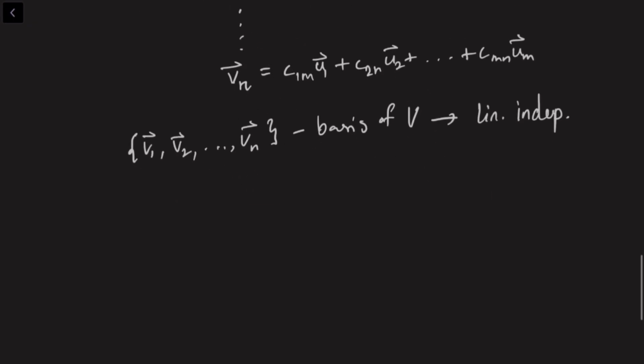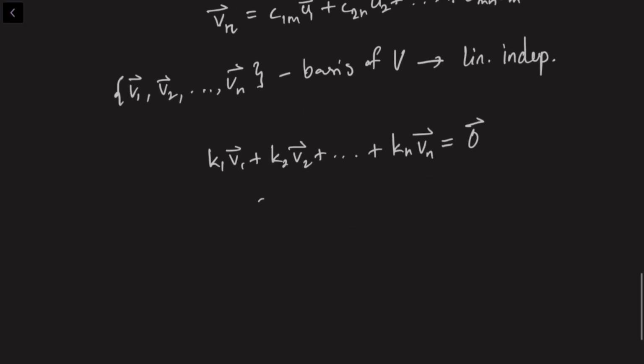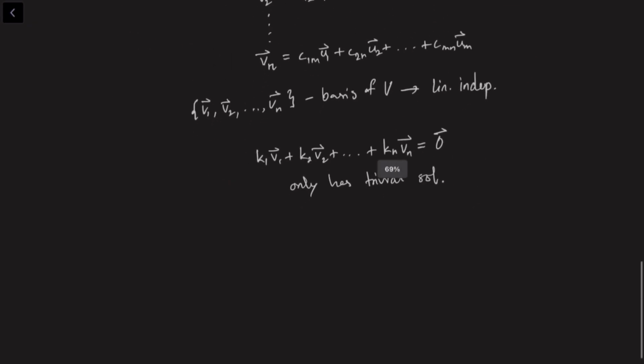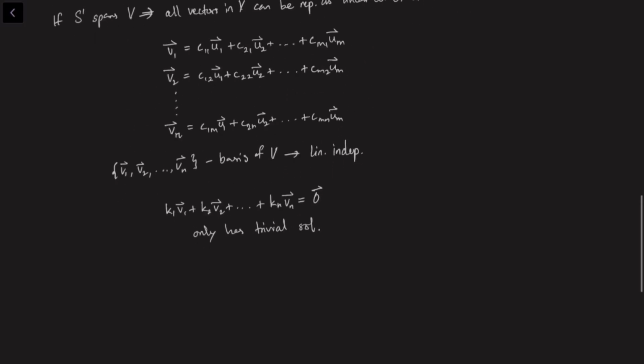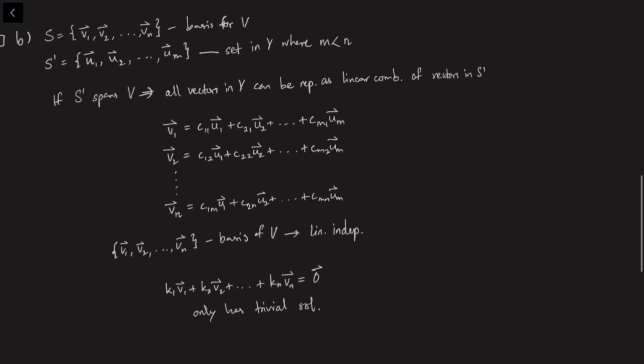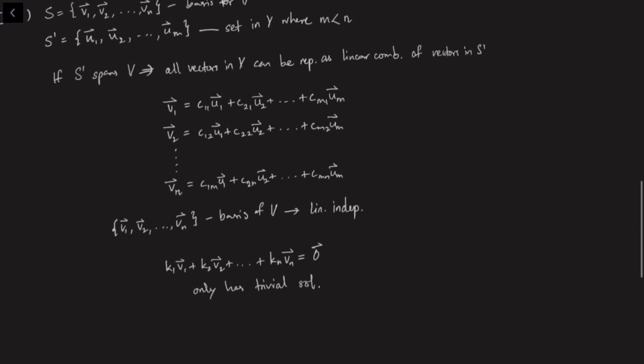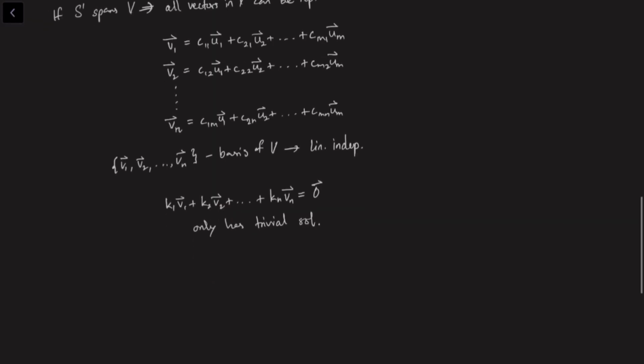And that means that k1 v1 plus k2 v2 plus kn vn equals the zero vector only has trivial solutions. So that should be the case, and we'll check if it is the case. And if it contradicts, then it will prove that S prime does not span V.